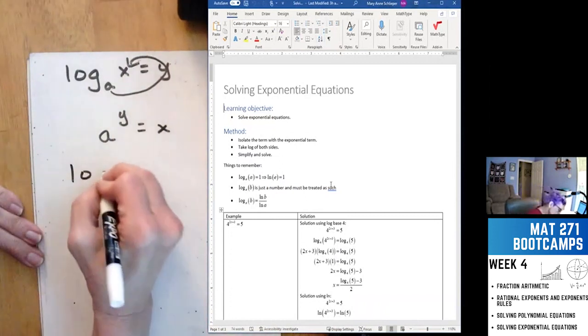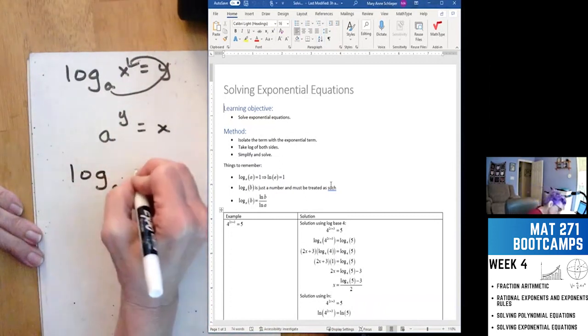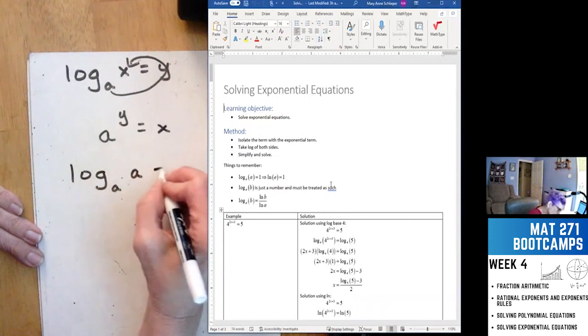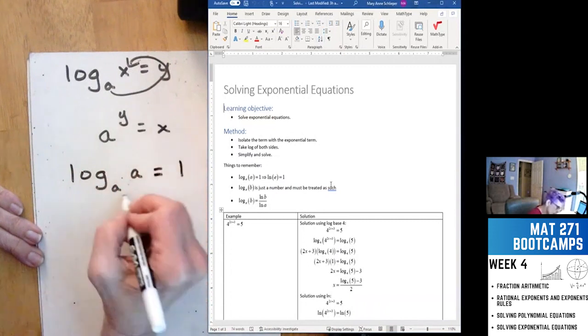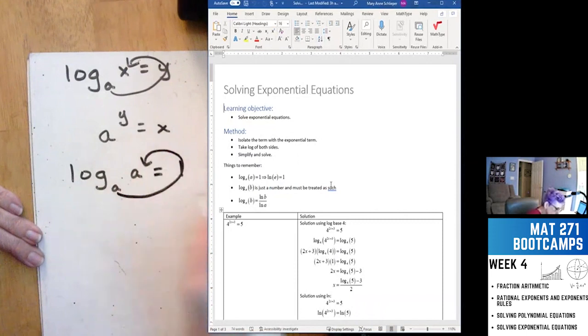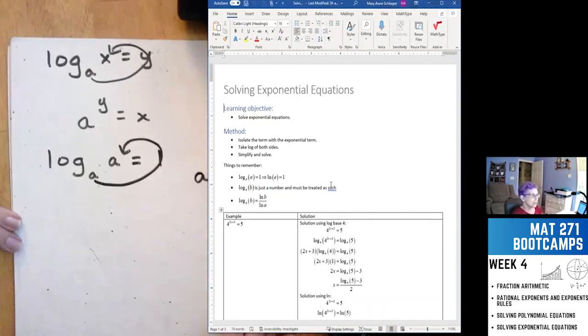So if I have the log base a of a equals 1, because a to the first power is equal to a.